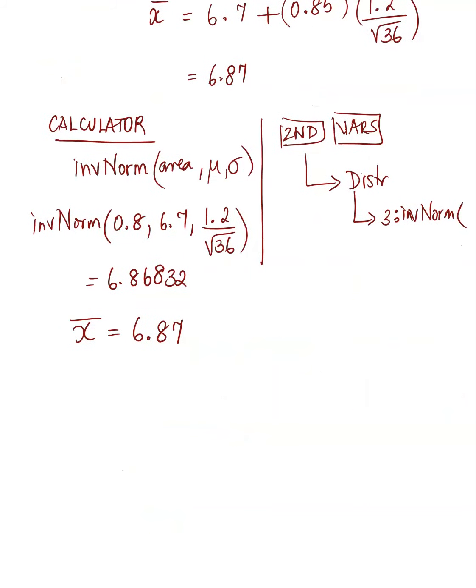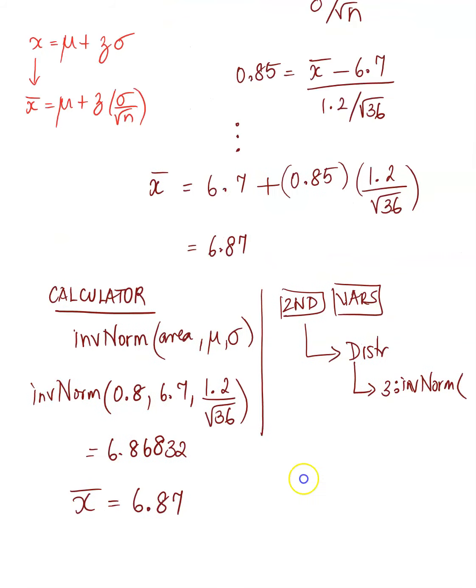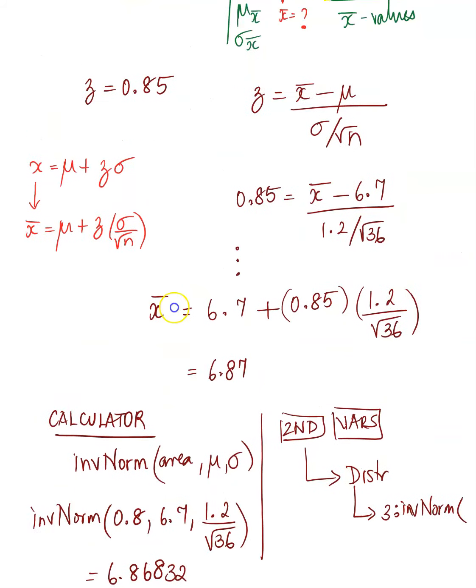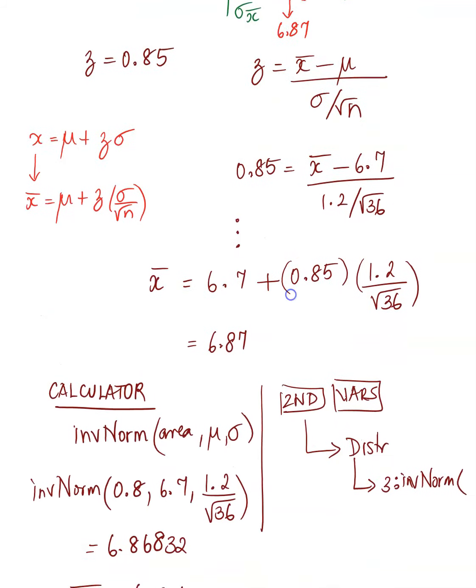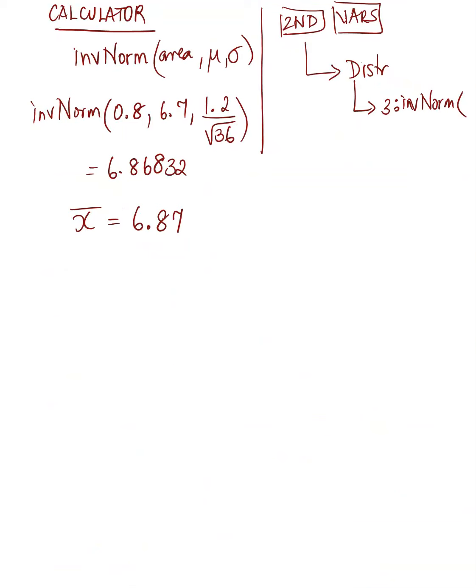Now to interpret this, let me take you back to the graph quickly. This x bar, we've just found this to be 6.87. These are all in minutes, right? Average minutes. So 6.87 minutes. That is what we need to separate the lower 80% from the upper 20% of those runners, the high school mile runs. So go back to your original question.